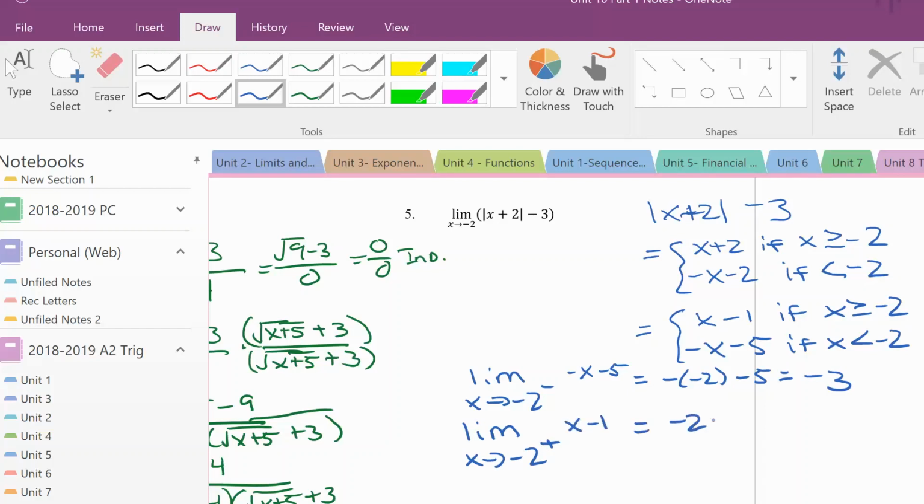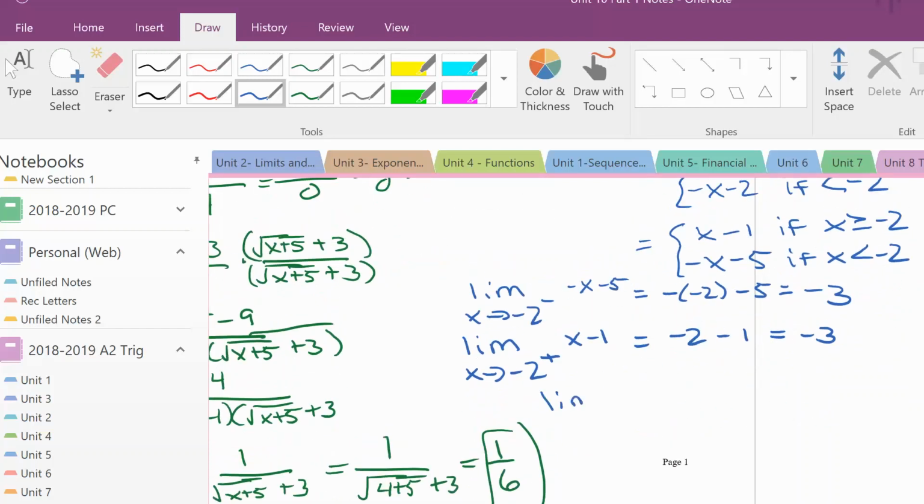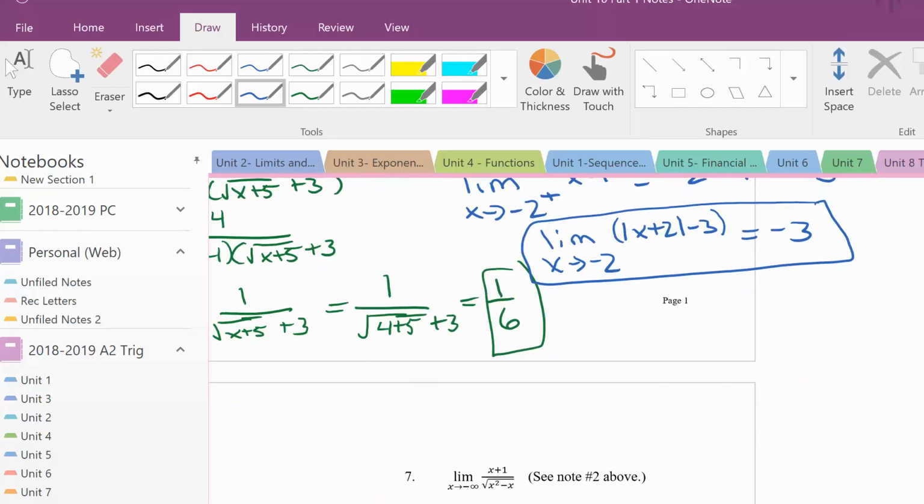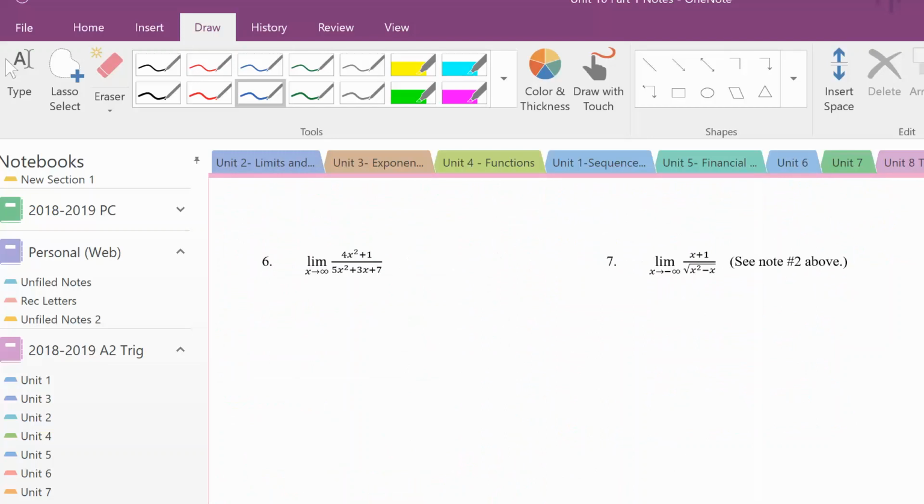So that would be negative 2 minus 1, which is also negative 3, which means the limit as x approaches negative 2 in general of the absolute value of x plus 2, minus 3, is equal to negative 3. Final answer.